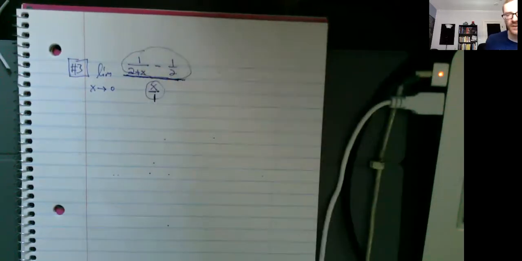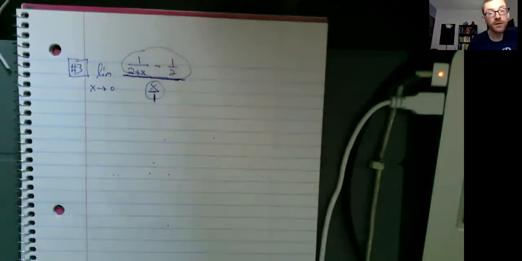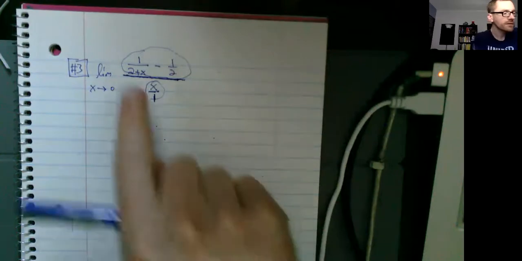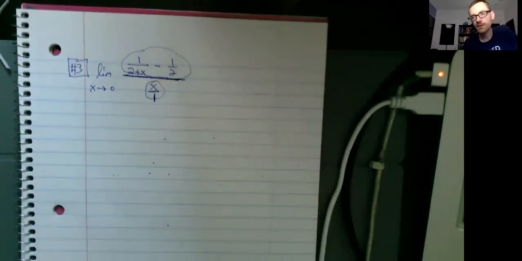Making the denominator into a single fraction is pretty easy. All you need to do is, instead of writing x, just write x over 1. There we go. Now it's a fraction. But as far as changing this whole numerator into a single fraction, you've got to combine these two fractions together, like it's one fraction minus another.